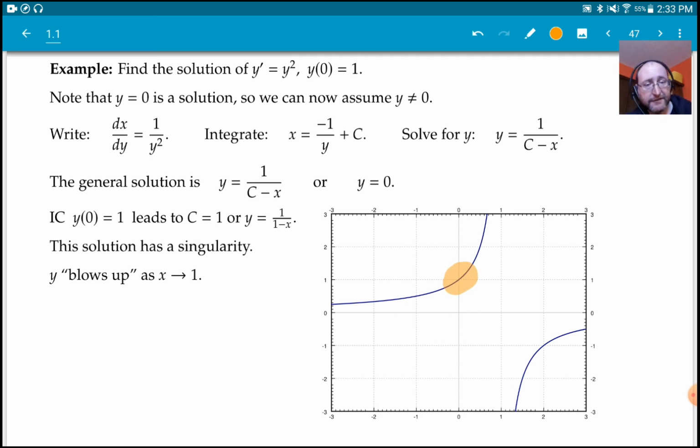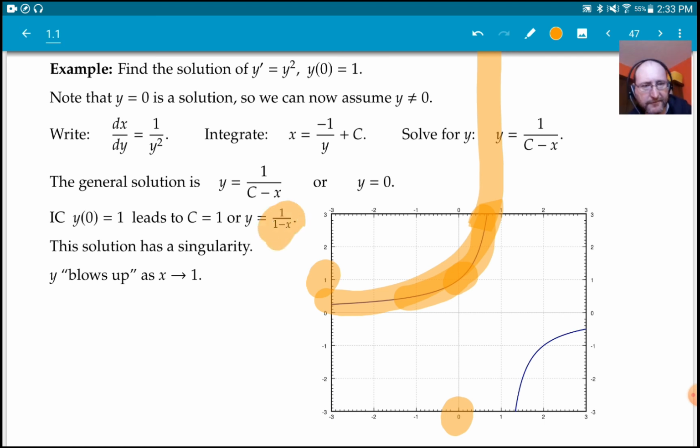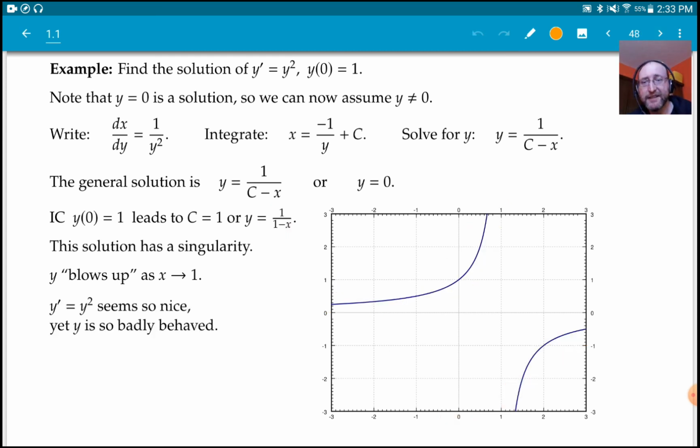When x is 0, y is 1, and then I'm following this, maybe backwards and forwards, and it goes to plus infinity. Now, this expression is also defined over here, but it's not really our solution, because our solution really starts over here, so we're only following this line. So really, that's just our solution.